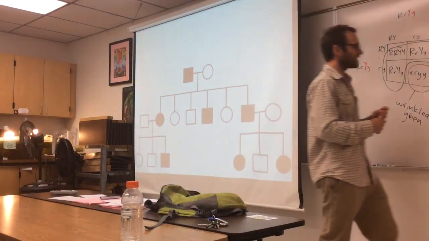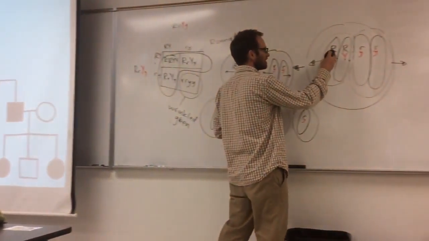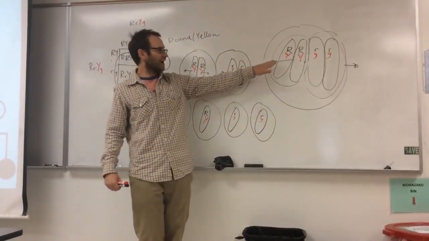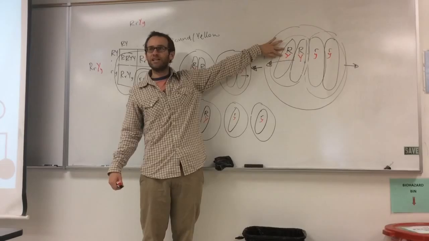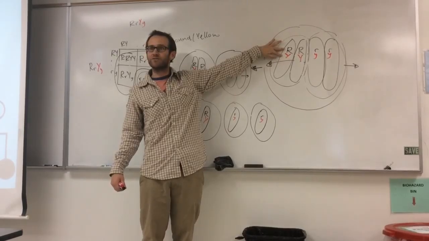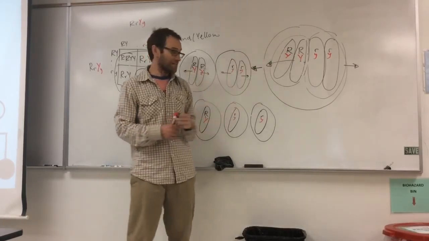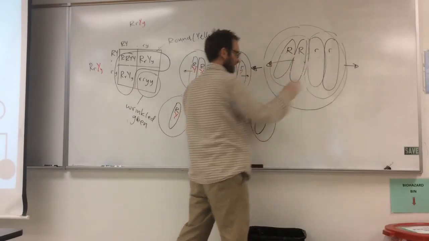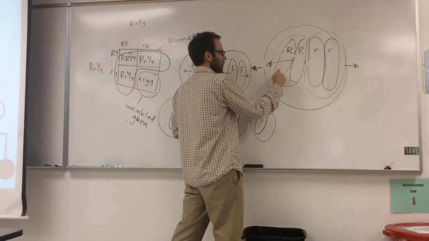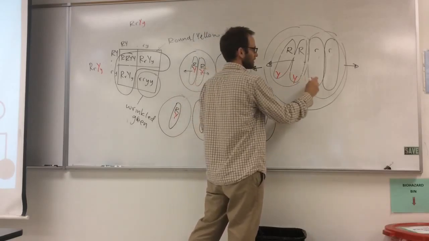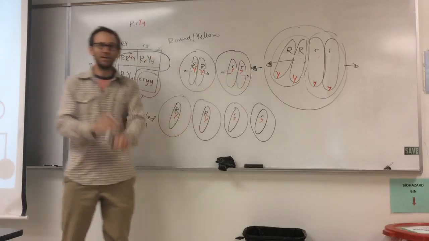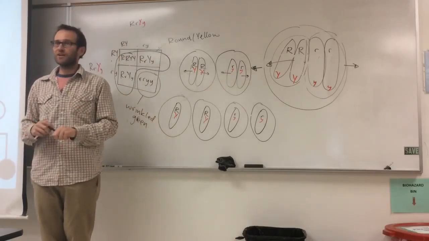sort of assortment. So let me try to visually represent this for you guys. I drew a case here where I intentionally placed the R's and the Y's very, very close together. But imagine a case where they weren't really tightly linked physically, and instead the Y's were way down at the bottom of the chromosome. So there was a big distance of DNA separating them.